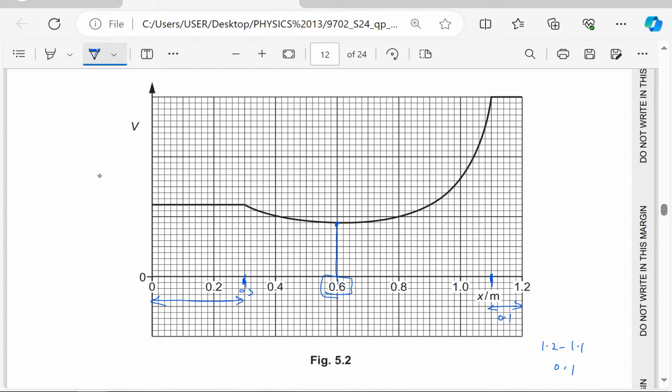Because potential is minimum at the center between the two charges, it means the distance from each of the centers is the same. Remember potential is equal to kq over r.